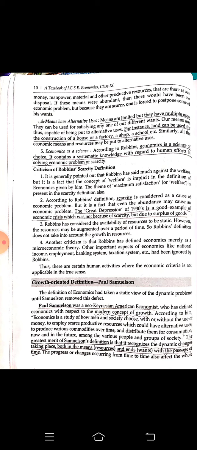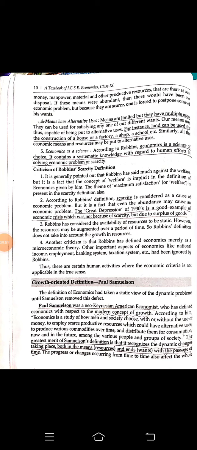It was not due to an economical crisis, it was due to the surplus of goods. So there are matters which Robbins has not fully satisfied, or in a true sense it could not be applicable.